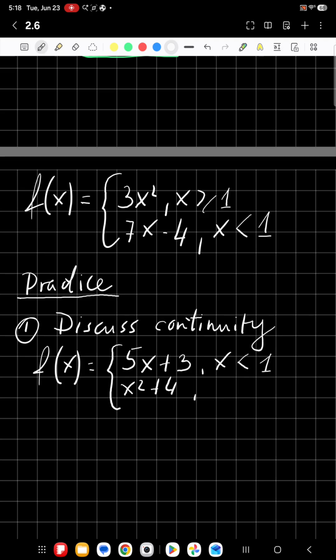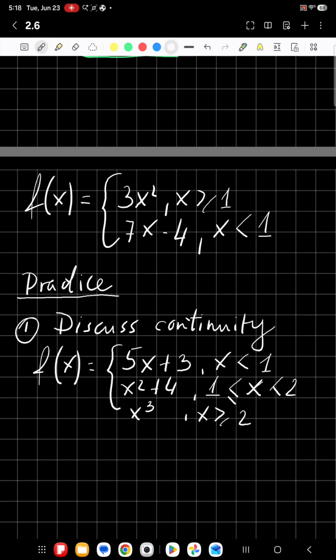And then the interval here is x is between 1 and 2. And then the third function is x cubed, and x is greater or equal than 2.